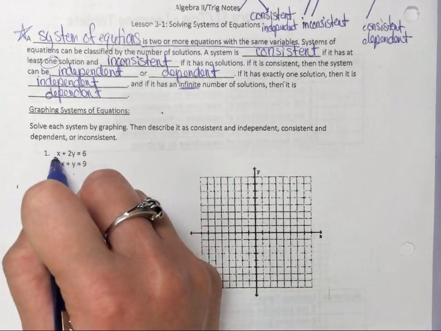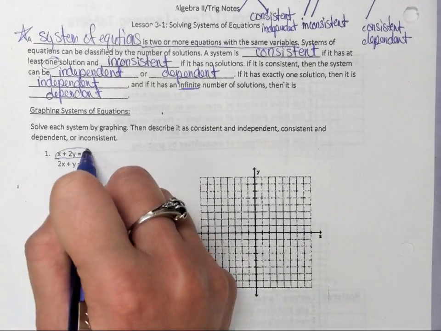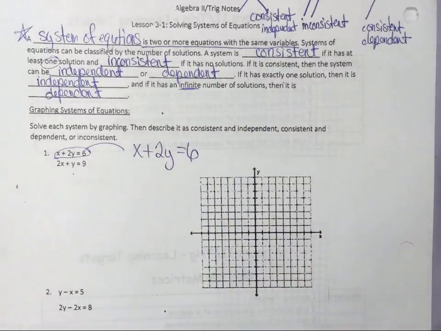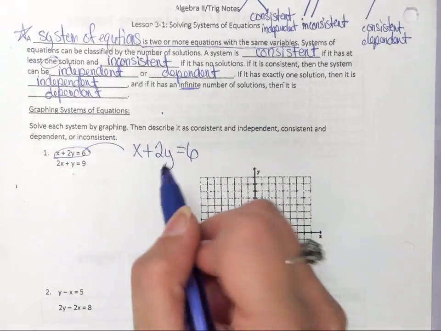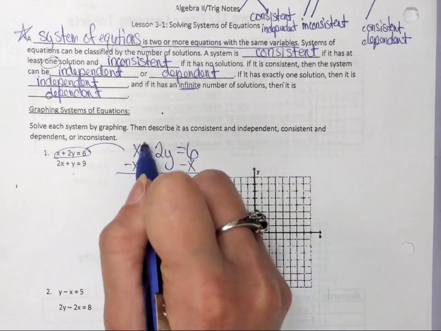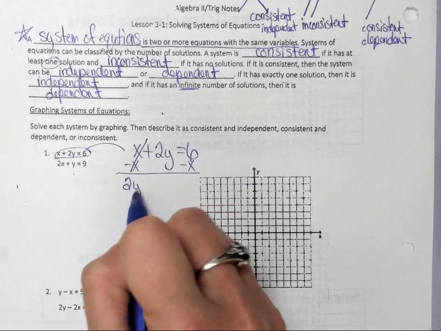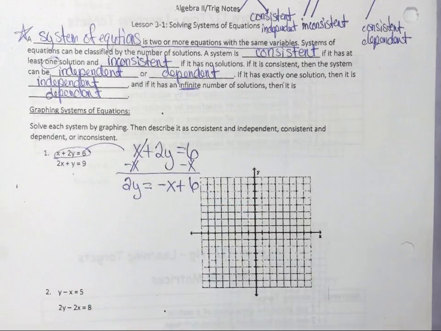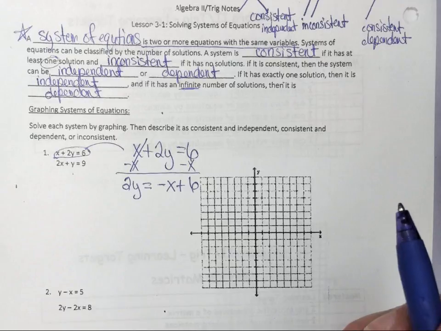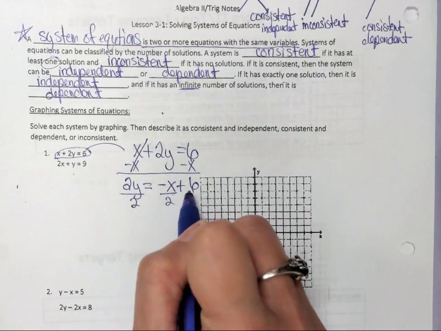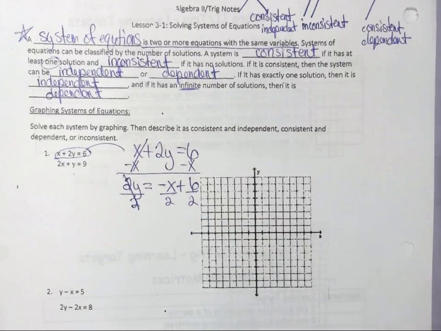So let's take this first equation right here. What do I got to do to solve this for y? Subtract the x. Same thing we've been doing, right? X comes first, so it's negative x plus 6. Then what do I do? Divide by 2. Divide everything by 2.